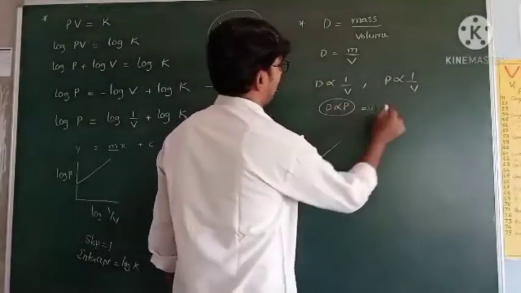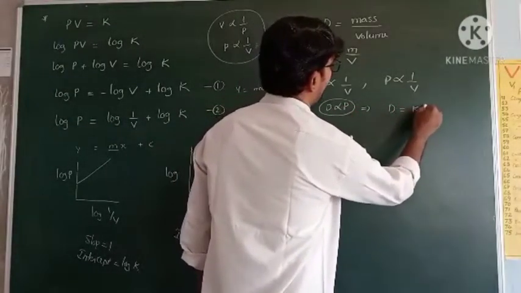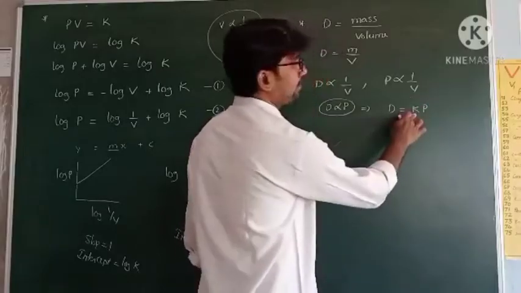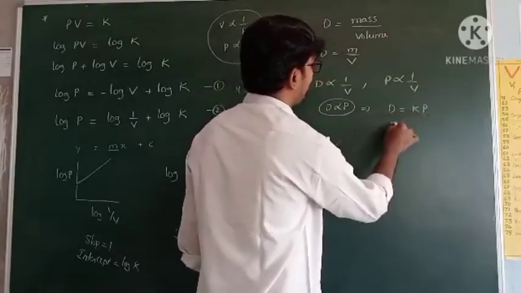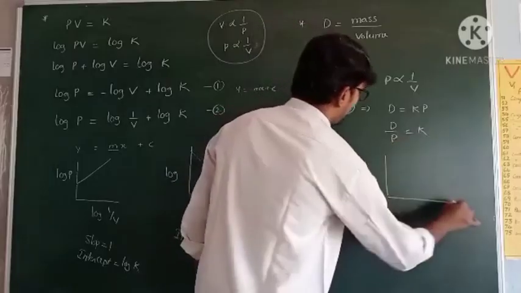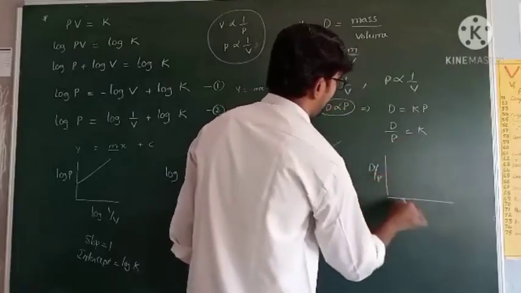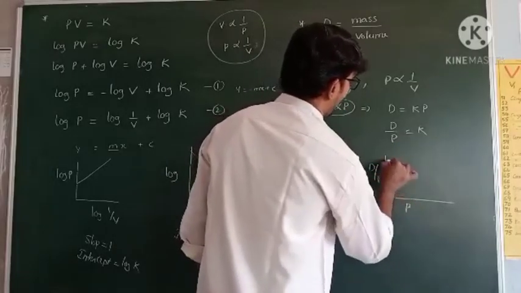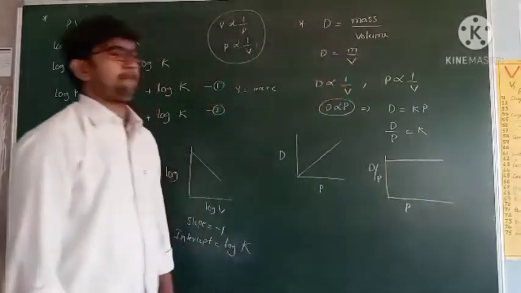Removing the proportionality, d is equal to kP, where k is the proportionality constant. When P moves to this side, d by P is equal to k. So when you draw a graph between d by P and P, it is always constant.